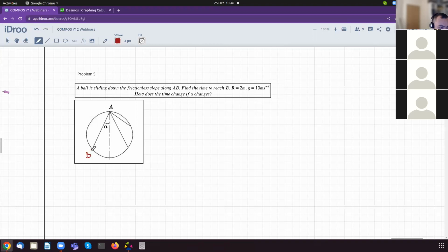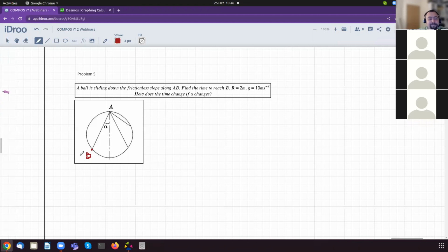Basically, you have a vertically placed circle, like a hula hoop. Imagine you have a string from A to B with no friction, and you have a small mass which is allowed to slide from A to B with no friction.